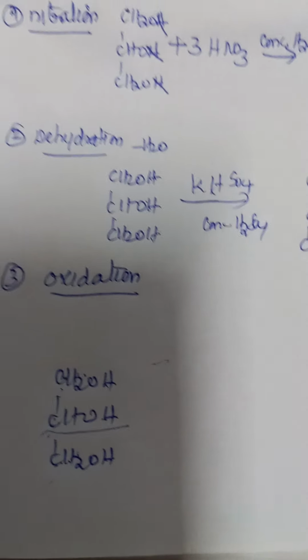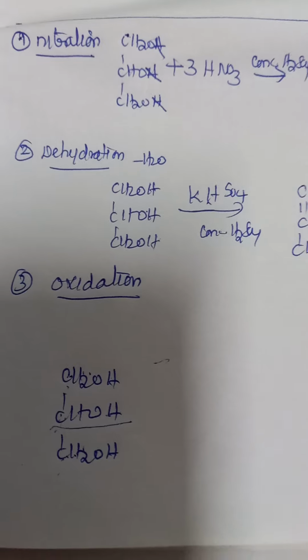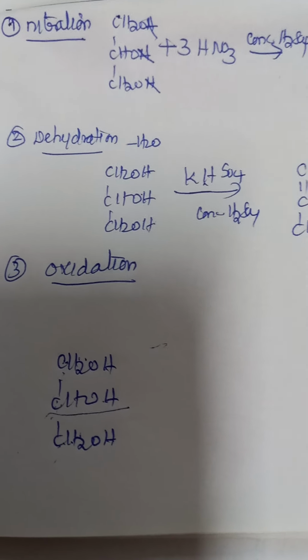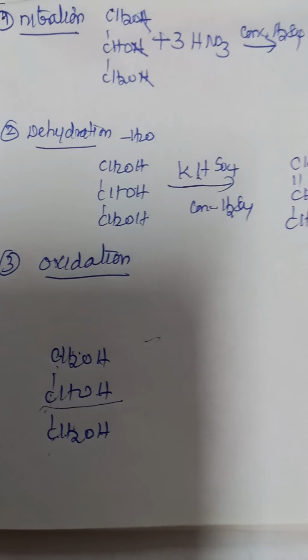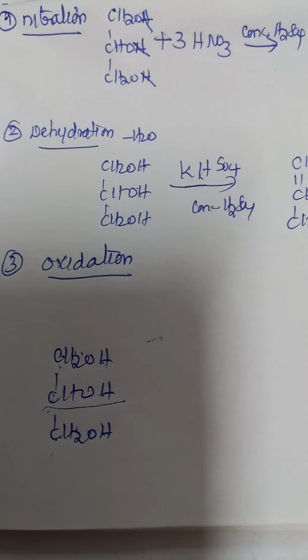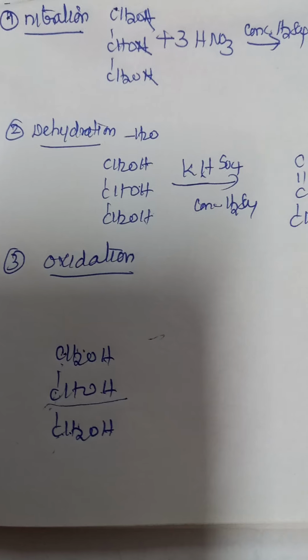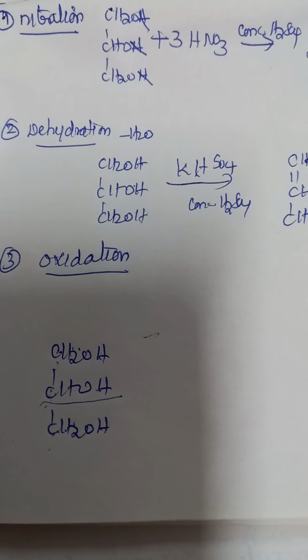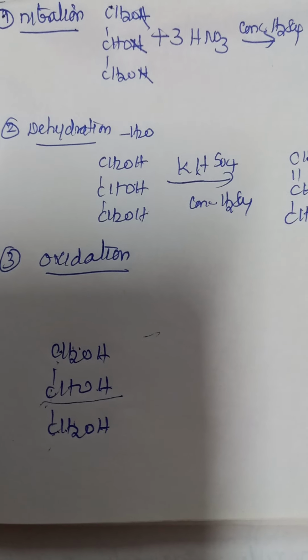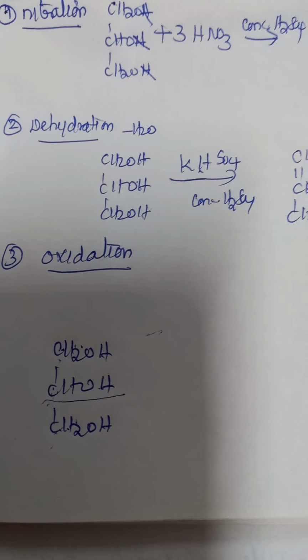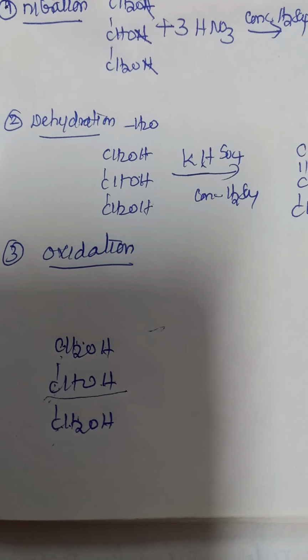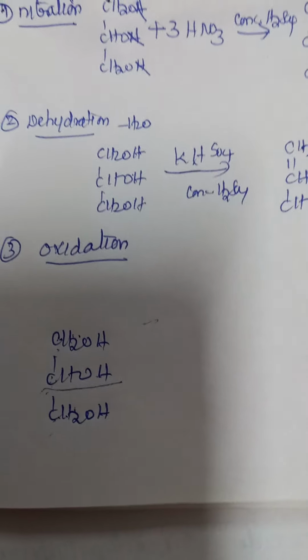Now various oxidizing reagents are used: dilute nitric acid, concentrated nitric acid, bismuth nitrate, bromine water, sodium hypobromite, Fenton's reagent, potassium permanganate, hydriodic acid, or lead tetraacetate. So many oxidizing agents are used.